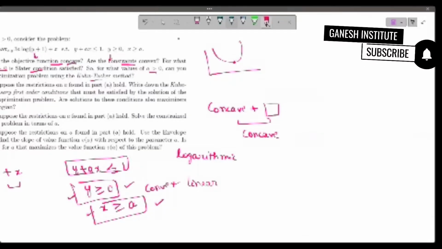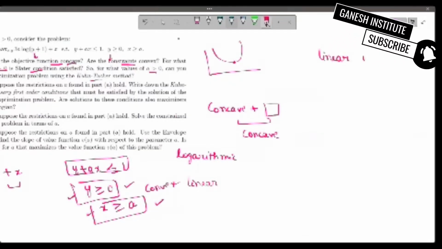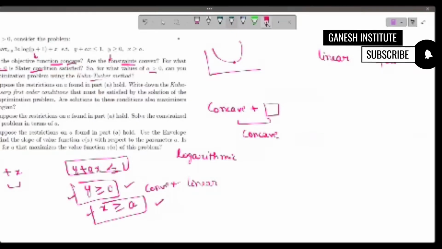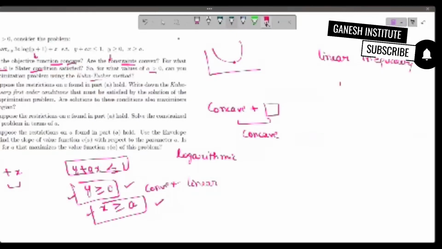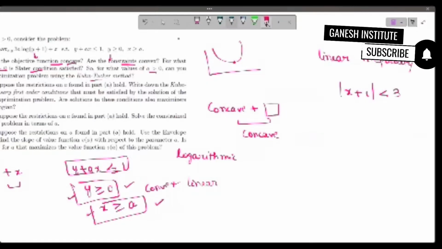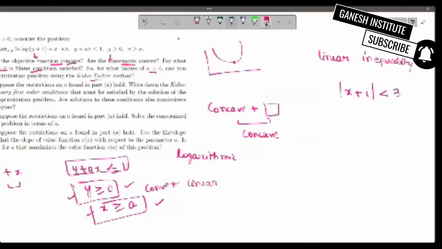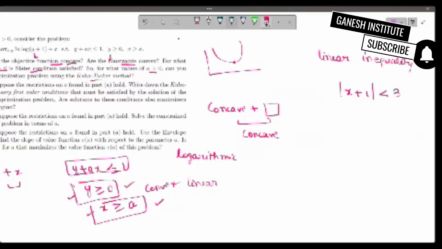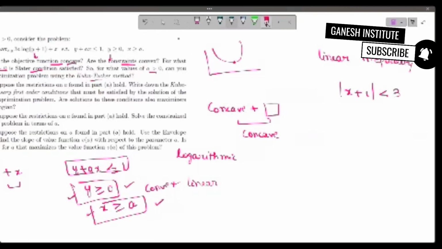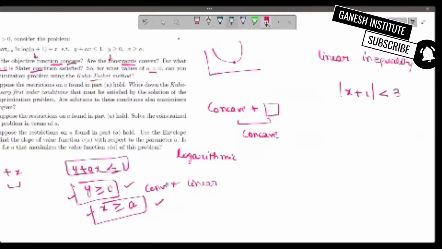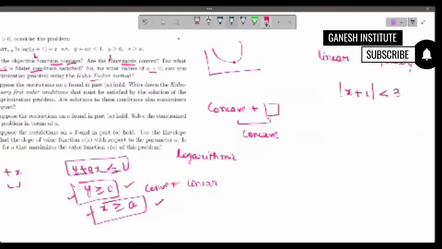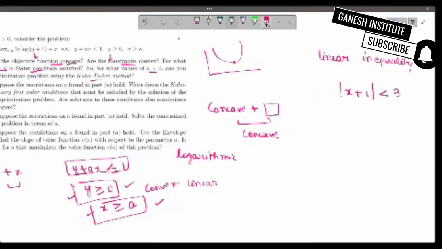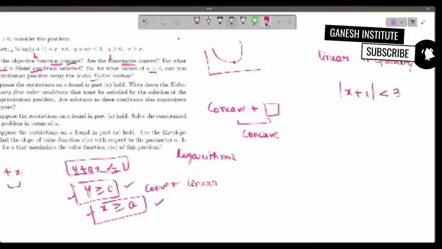Whenever you solve any inequality, if it is a linear inequality, tell me, if you are given this, what will be the value of x? So it could either be x is less than 3, less than 2, or it could be x is more than minus 2.